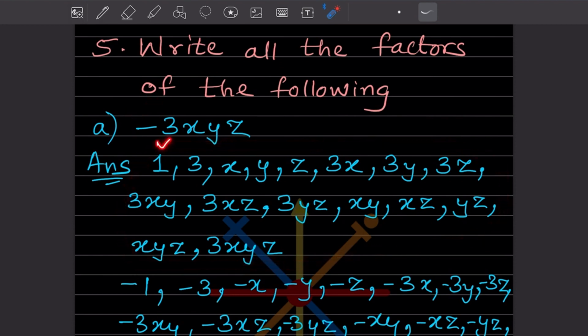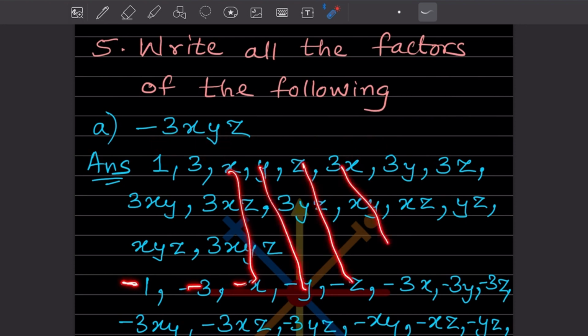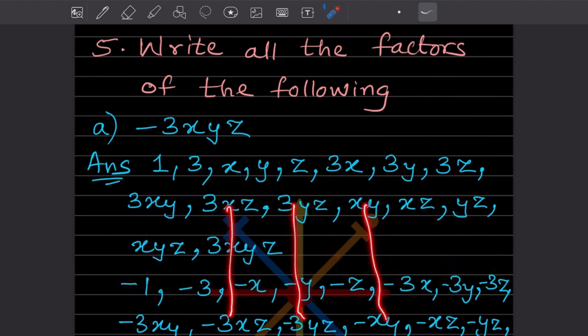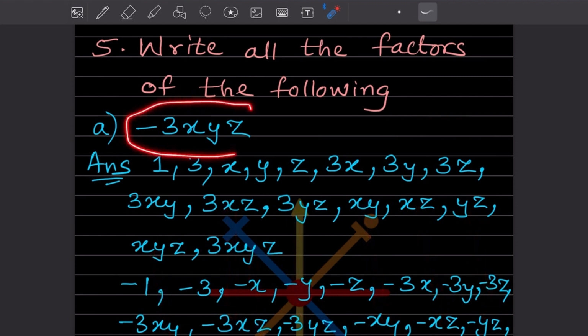Okay, so same, we will take all these things, and just keep on putting minus here. Can you see here? So just put the minus sign over here. Here, so just put the minus sign over here. Okay, so these are all the factors of minus 3xyz.